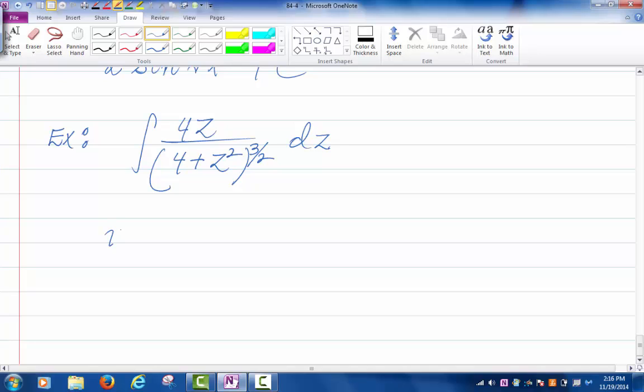Well, you take u to be what? What should I pick u? We should pick u to be, in this case, 4 plus z squared, because if you look at 4 plus z squared, if that was just z, then the problem would be much simpler, right?